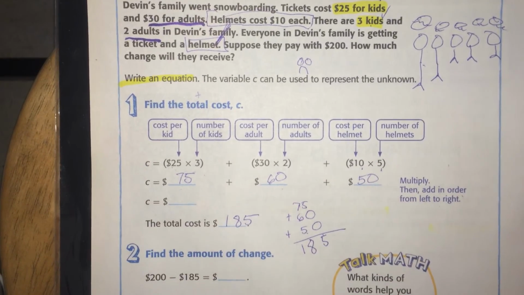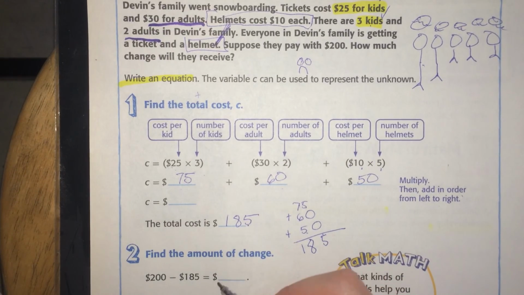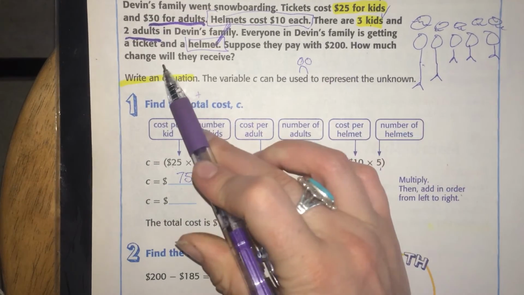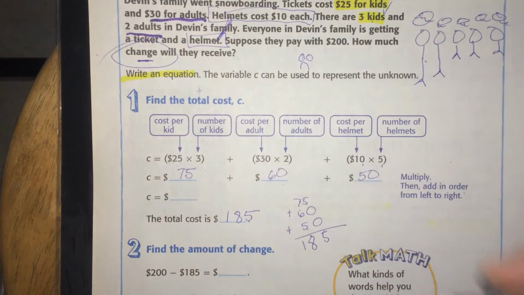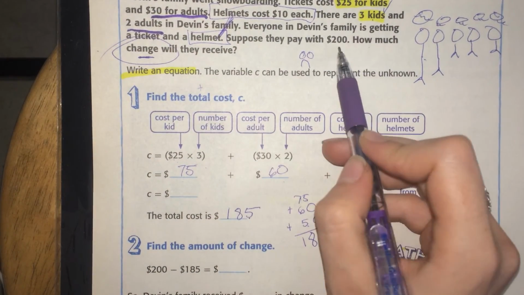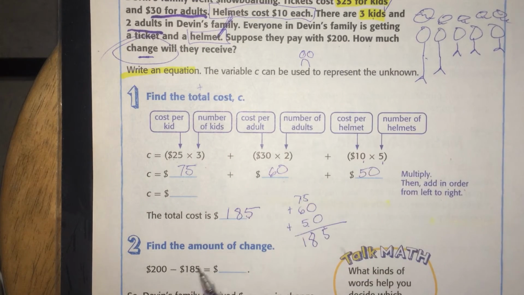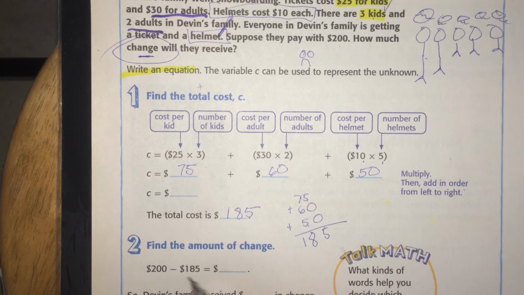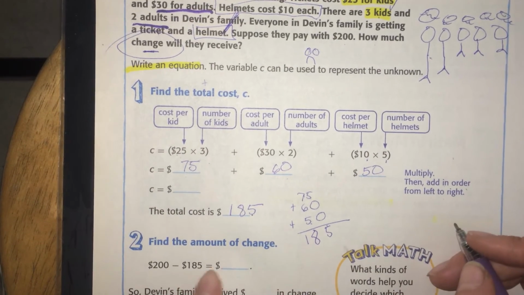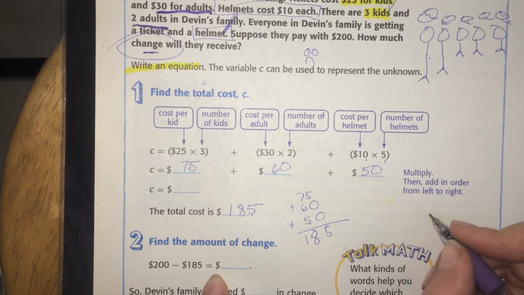$185. Oh my gosh, but we're not done yet, because look at the question. It says, how much change will they receive? Oh my goodness, change means subtraction, because they're giving $200 to pay, but they only need to pay $185. So now we have to do subtraction at the end to find how much they get back, how much change they get.